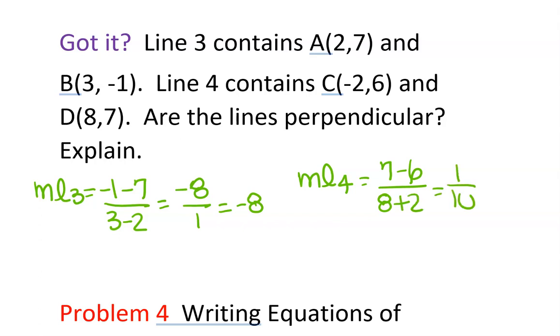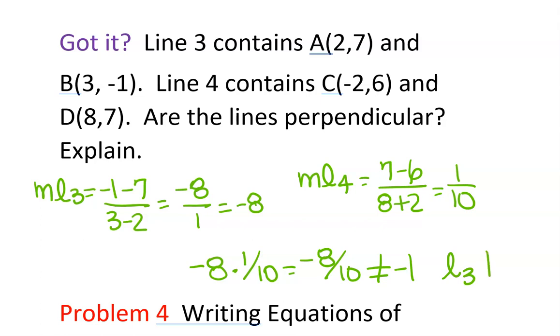So we get 1 over 10. When I multiply -8 times 1/10, I get -8/10, and that is not equal to -1. So I'm going to say line 3 is not perpendicular to line 4.